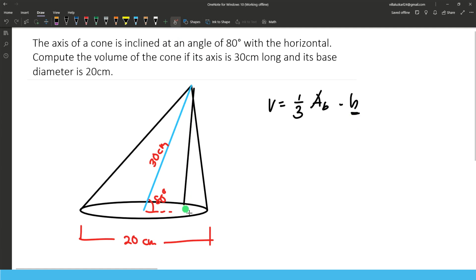Say we have a line here from the vertex, and a line here from the center, which forms a right triangle, since the altitude is the perpendicular distance from the base of the cone to the vertex.